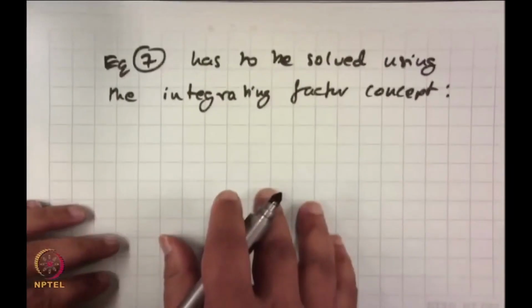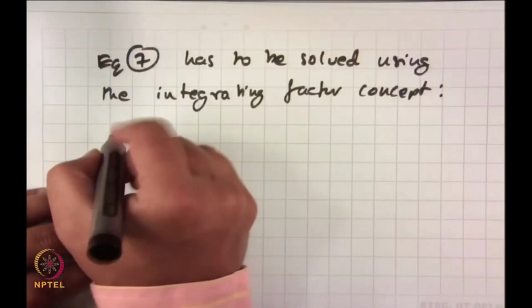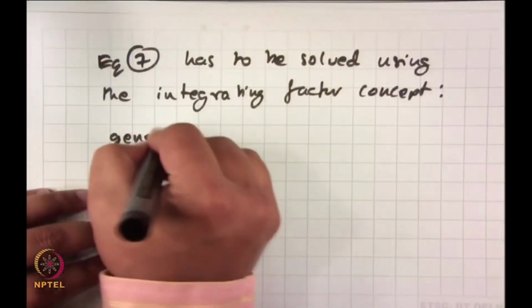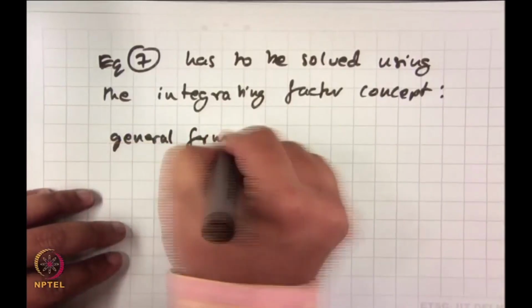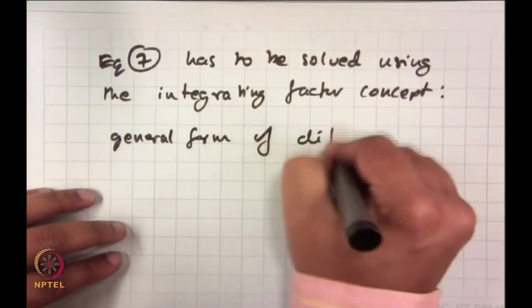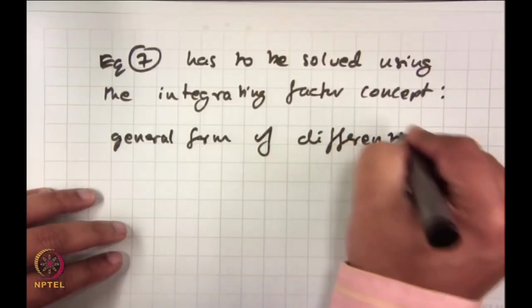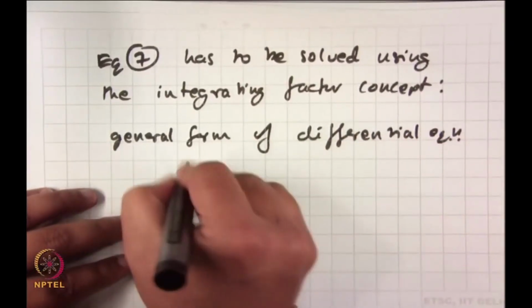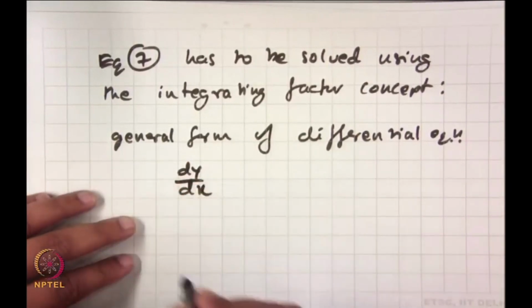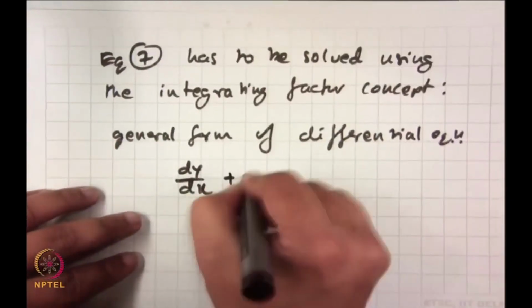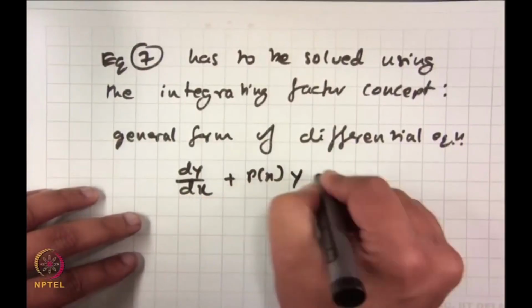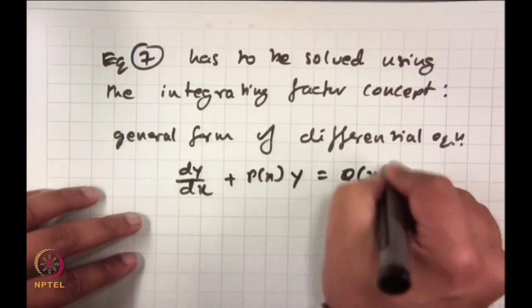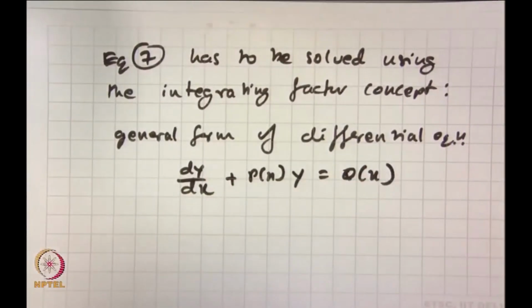This is the general form of such an expression, which can be written as dy by dx plus p of x y is equal to q of x. I guess that is what we have, right. Okay.